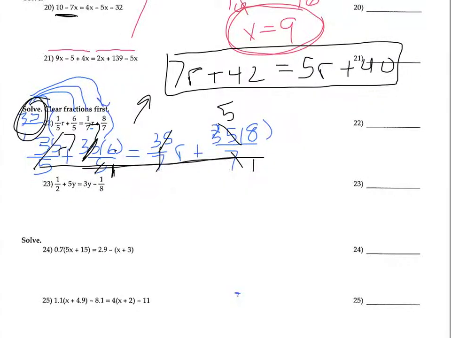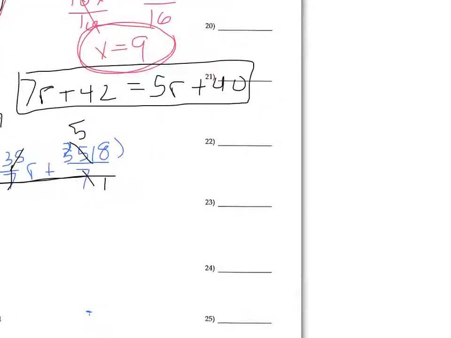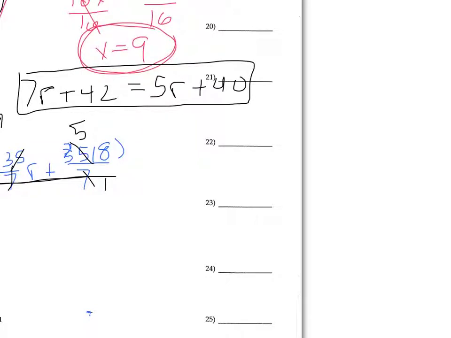So now I'm going to move over on this page, and we can solve the rest of this problem. Now, we'll go back to blue. So what we have is 7r plus 42 equals 5r plus 40. I want to get all my variables on one side and the numbers on the other. I'm going to get my variables to the left, so I'm subtracting 5r to get rid of this 5r.